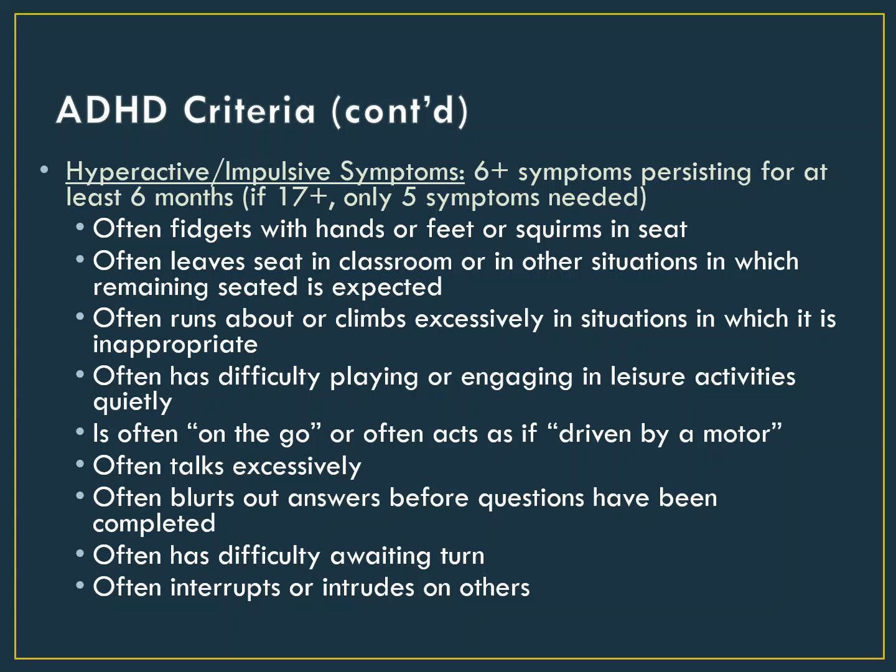When they're not sitting, they are often running around and climbing on things, such as desks or tables or dressers. In adults, this may be described as feeling restless or being uncomfortable sitting still. Others may describe people with ADHD as being constantly on the go, or moving around so excessively that it's like they're driven by a motor. They have difficulty relaxing and engaging in quiet, leisure activities.